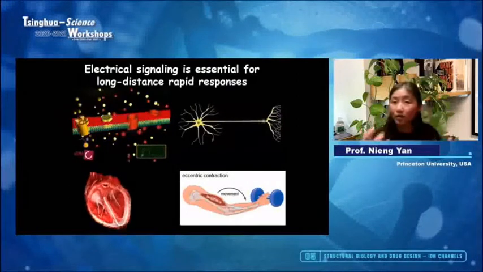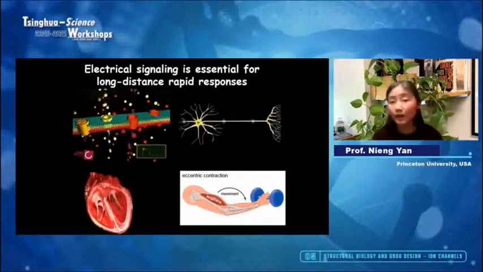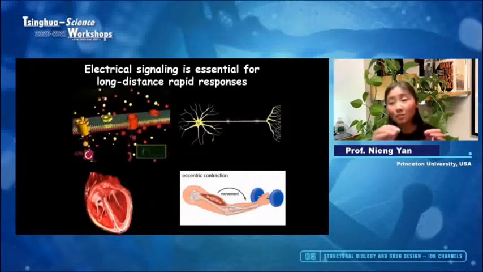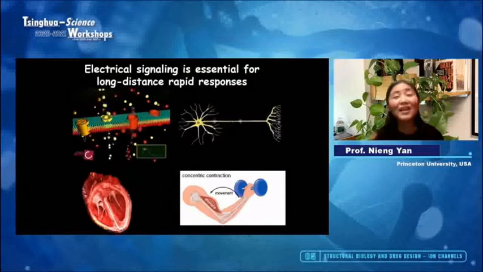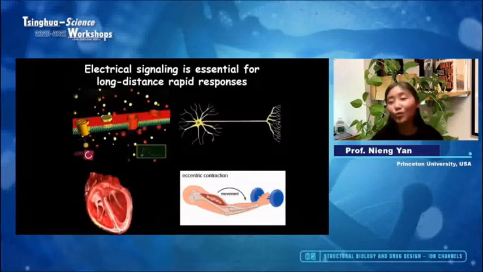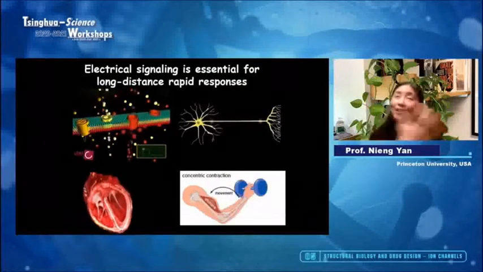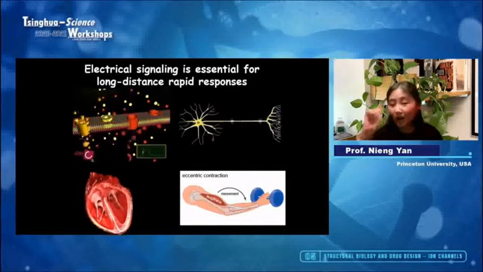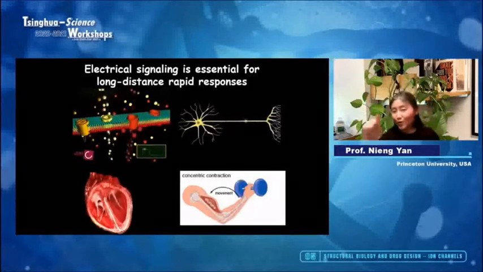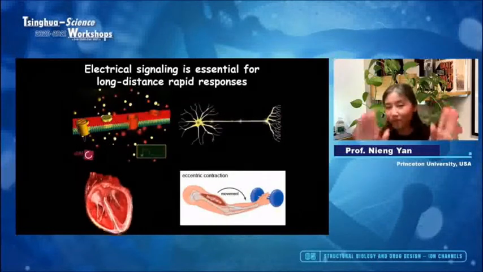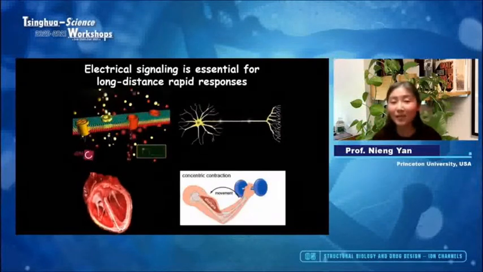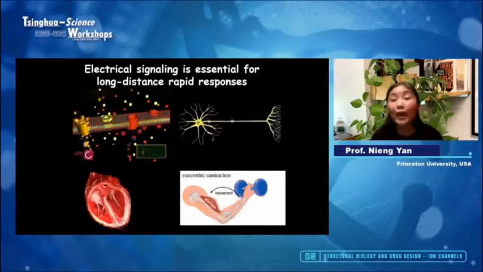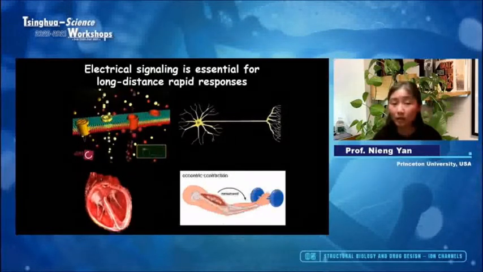Because this occurs extremely fast, mediated by electrical signals. If this process were mediated through chemical diffusion, it may take days for you to sense that, and another 1 or 2 days to control your finger to withdraw. By that time, probably the finger would become like charcoal. So this just illustrates how important electrical signaling is.